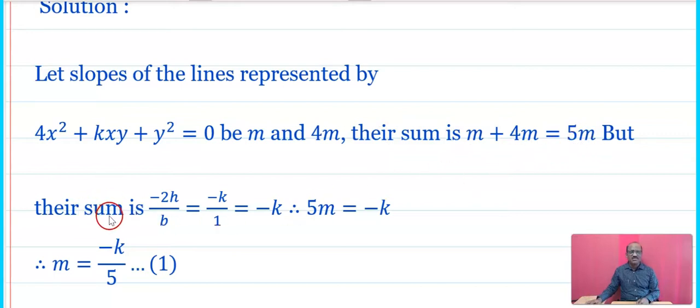But the sum of the slopes from this equation is -2h/b. What is the value of h here?